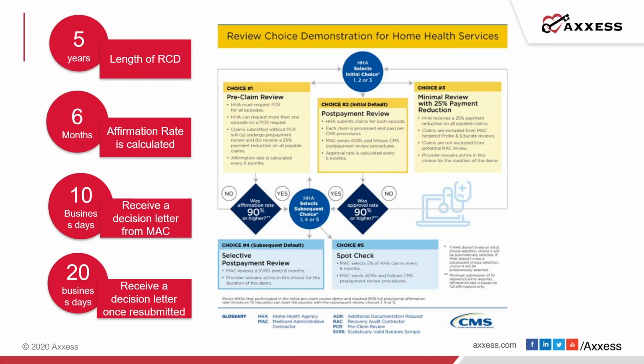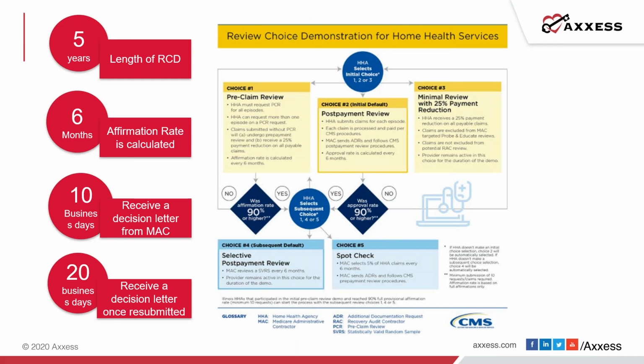Palmetto will respond in the 10 business days for the initial response or the 20 business days for the resubmission. Choice 2 is the post-payment, where you submit your claim as you normally would, and you're ADR'd for 100% of your claims, and then they make a decision based on the information that you sent in with the ADR.